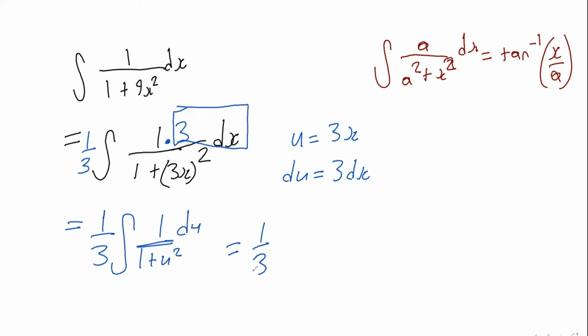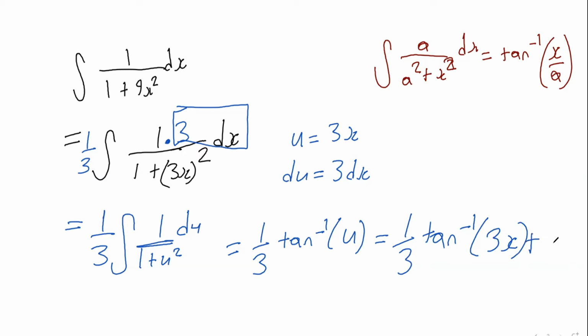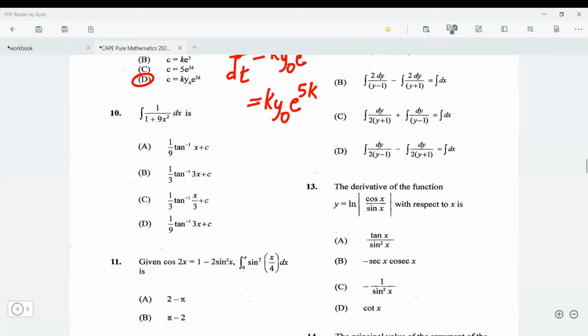So then this gives us 1 over 3. To integrate 1 over 1 plus u squared, that's just tan inverse of u. But then what was u? u was 3x. So it's 1 over 3 tan inverse of 3x, plus some constant, of course, k. That's it. And that gives us 1 over 3 tan inverse of 3x.